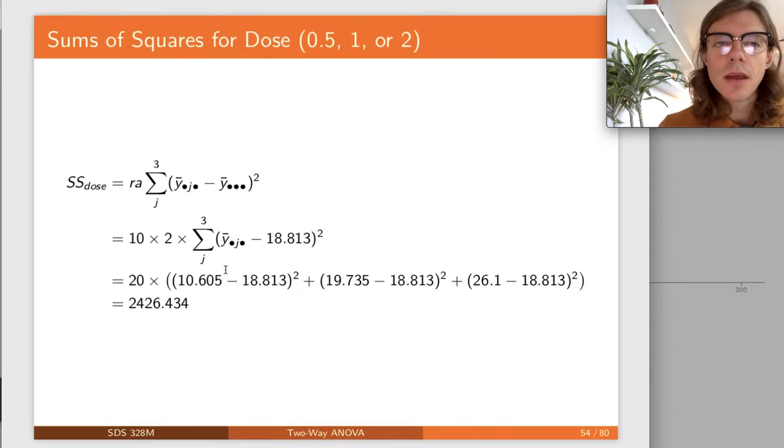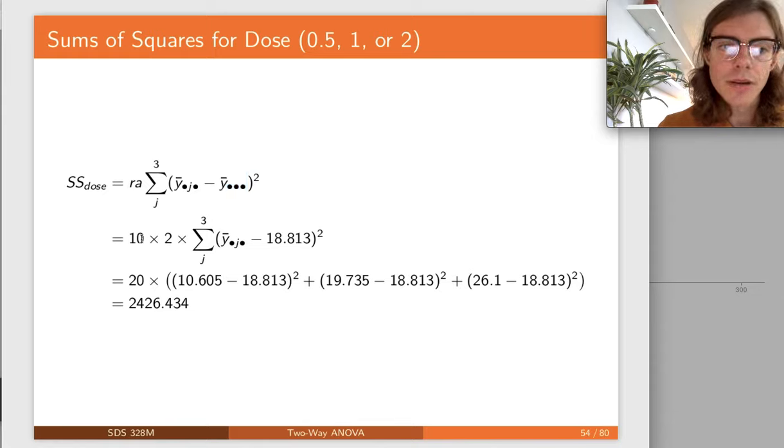Cool. If you want to compute the sum of squares for dosage, again, you'll never have to do this, I just want to show you. You're going to take, hey, what's the average outcome for guinea pigs in dosage low from the grand mean, from dosage middle from the grand mean, from dosage high from the grand mean. There's 20 guinea pigs in each dosage condition, right?